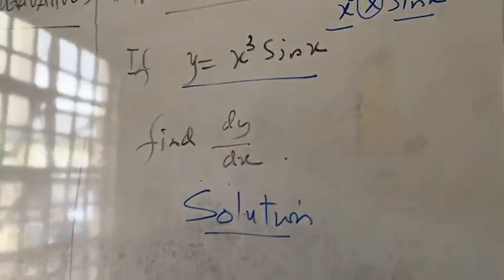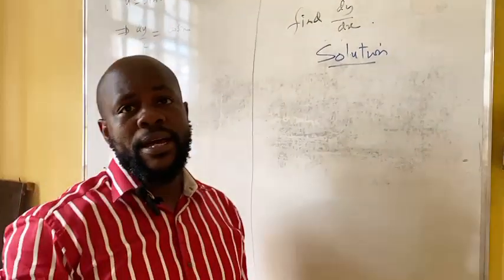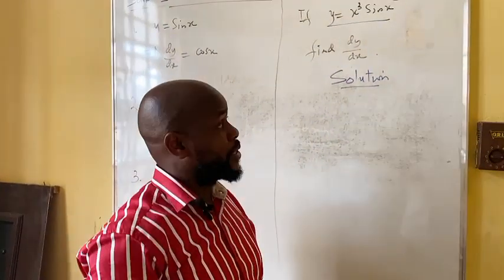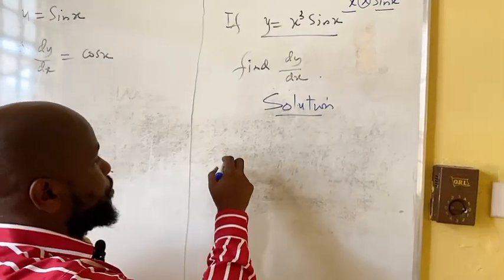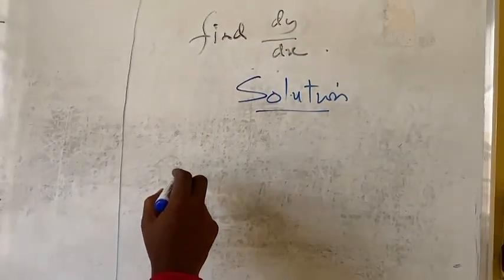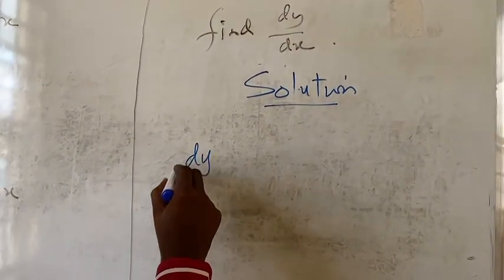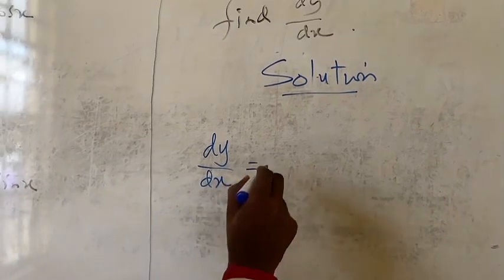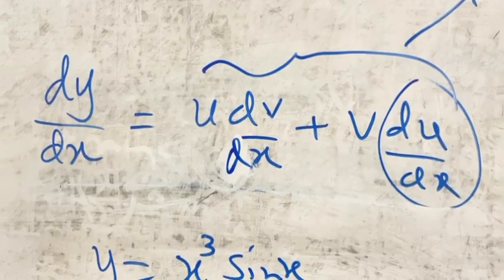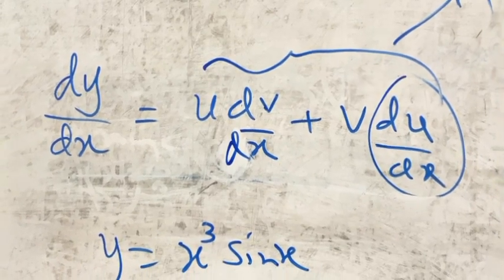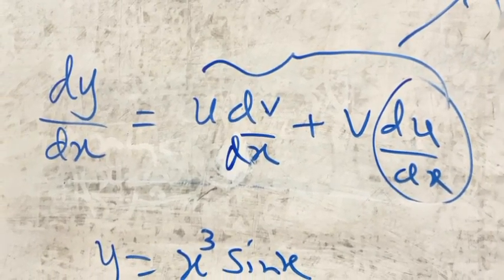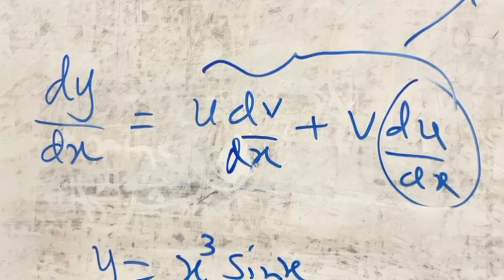We have a particular approach we need to use to get the derivative of this function. To obtain the derivative, we say dy over dx equals u dv over dx plus v du over dx.